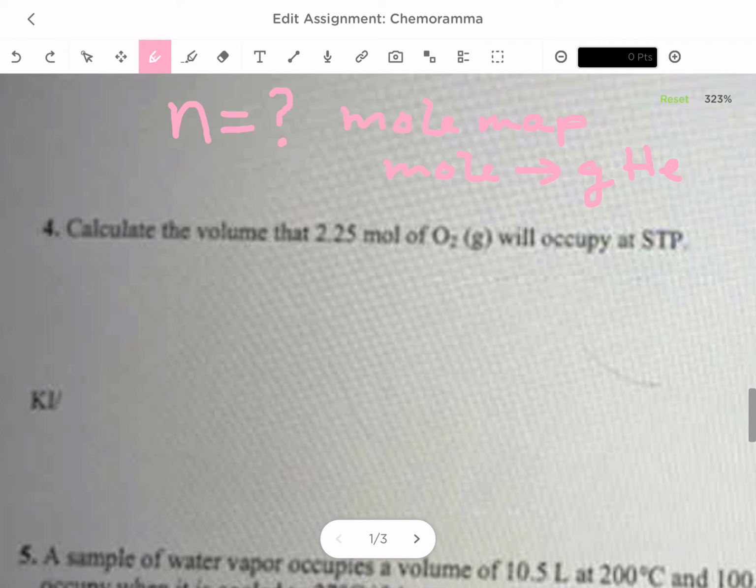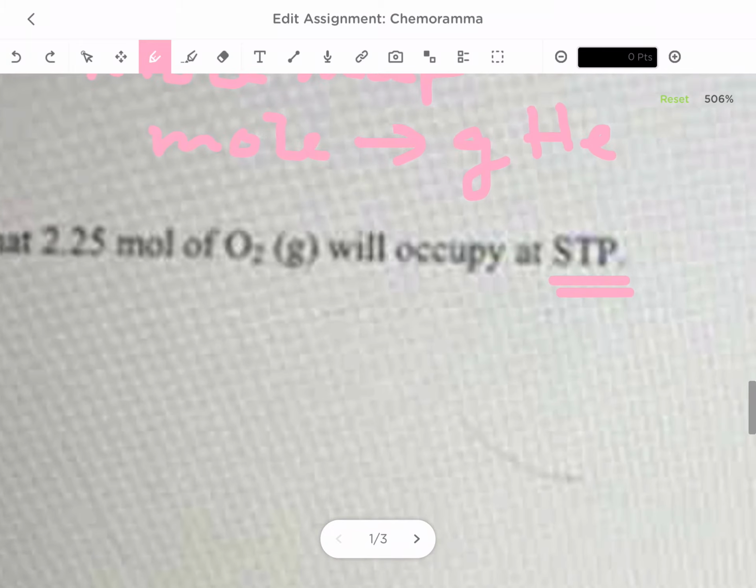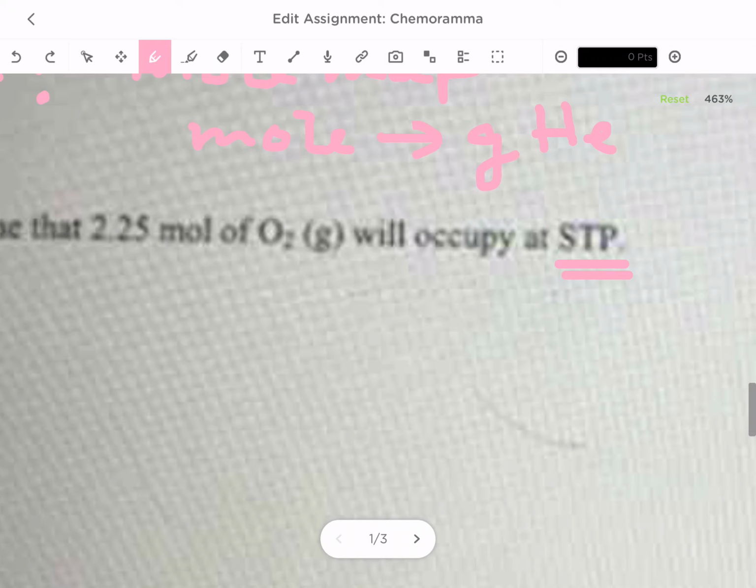Number 4, calculate the volume. Ooh, STP, that's standard temperature and pressure. This one's kind of tricky too because you have to figure out what the value for standard temperature is and the value for standard pressure. If you don't know those, you can look them up.